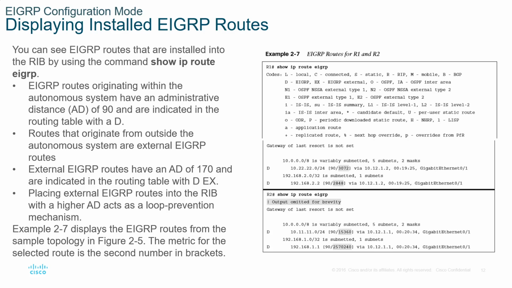Within our routing table, our routes will be displayed with a D for EIGRP. Now, with this, our default administrative distance is 90.